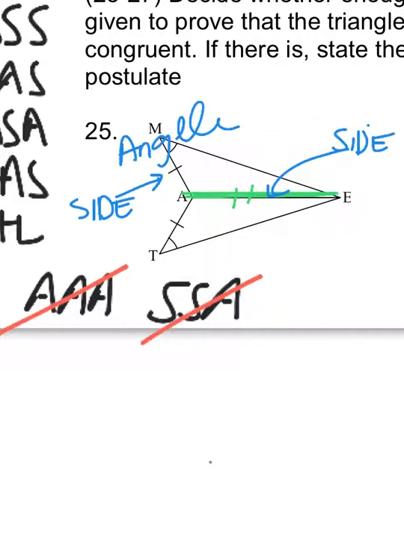If you can see now, you have side, side, and angle, but this is one of the ones that are not allowed. So this would mean that the triangles are not congruent.